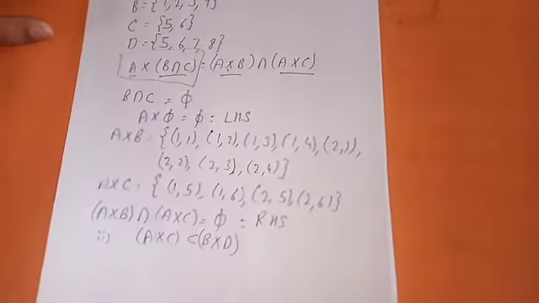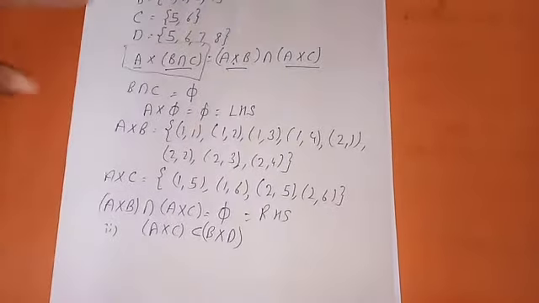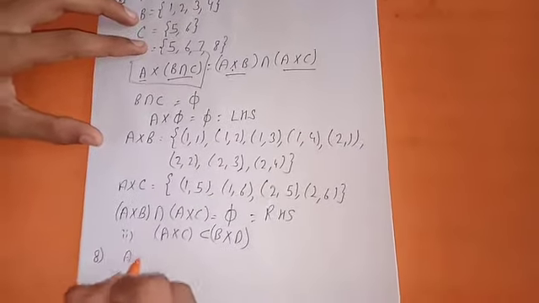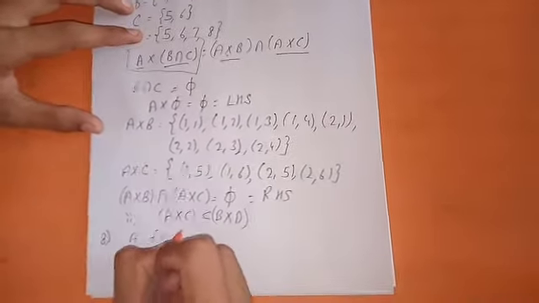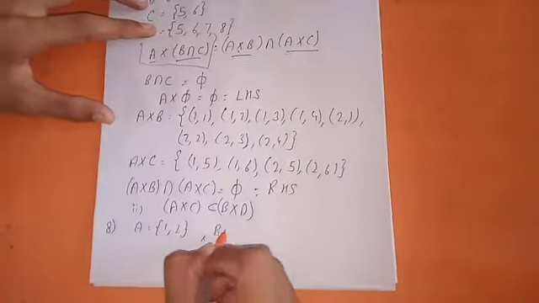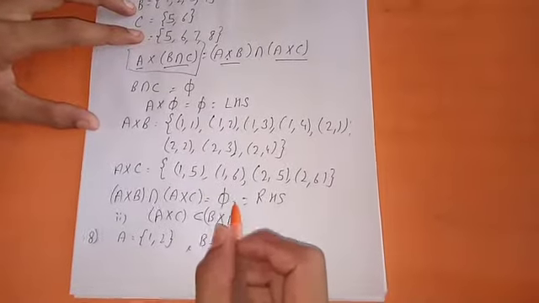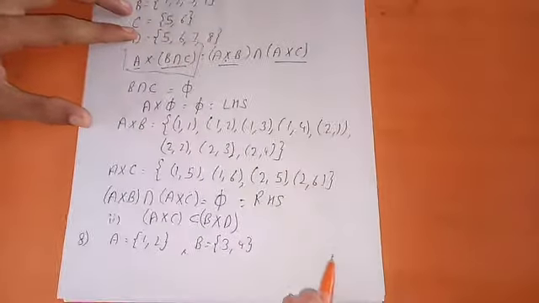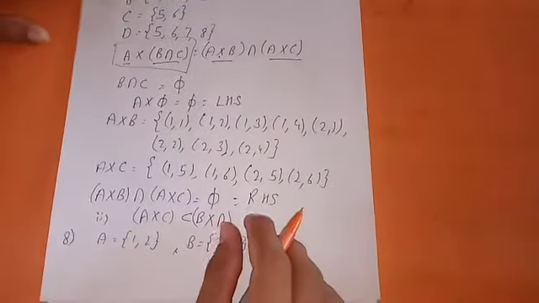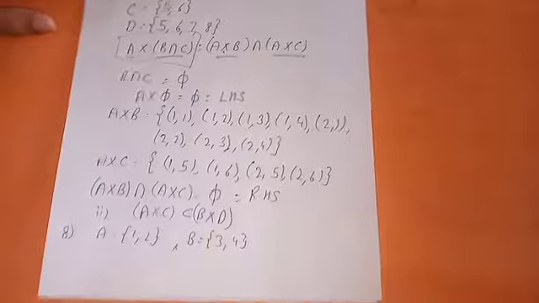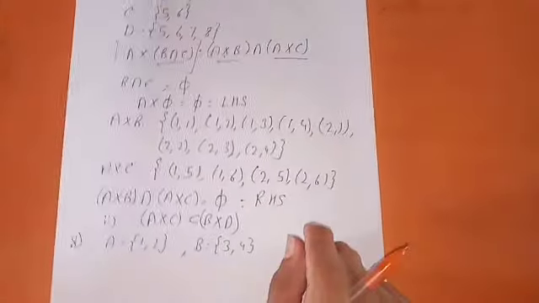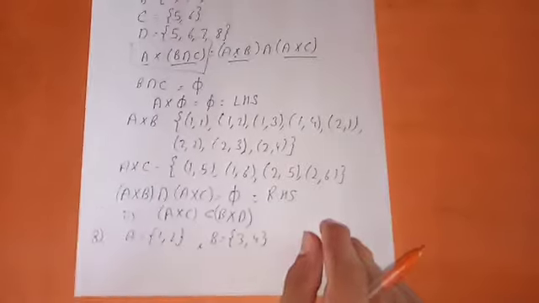Let A is equal to this and B is equal to this. This is our question number 8. In question number 8 they have given us set A as {1, 2} and set B as {3, 4}. Write A cross B. First of all we have to find out A cross B. We can find it easily.